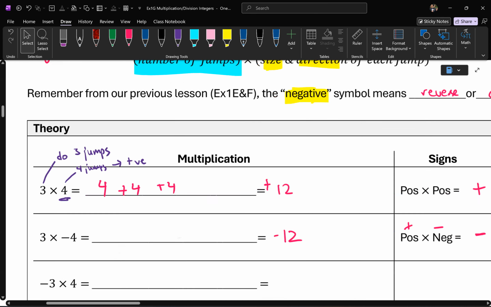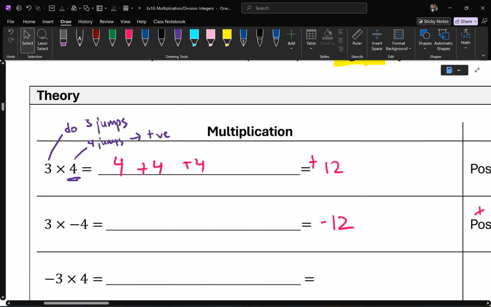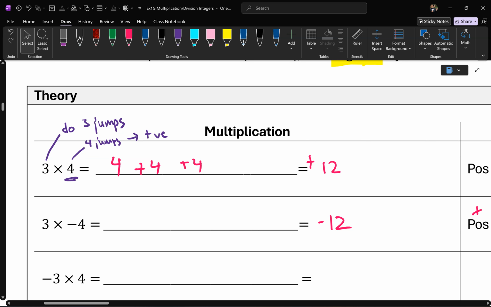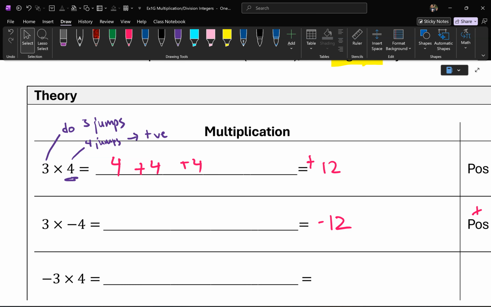So here, what does 3 times negative 4 actually mean? Same thing. 3 jumps, or 3 groups of negative 4. Instead of 3 groups of 4, so that's 4, 4, 4, this now means I've got 1 group of negative 4, 2 groups of negative 4, and 3 groups of negative 4.